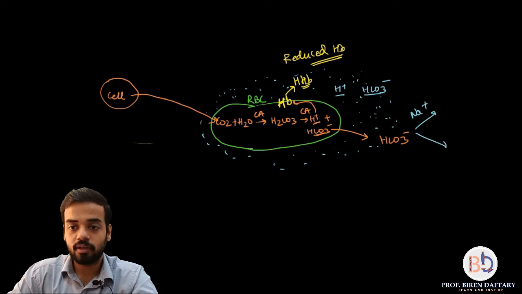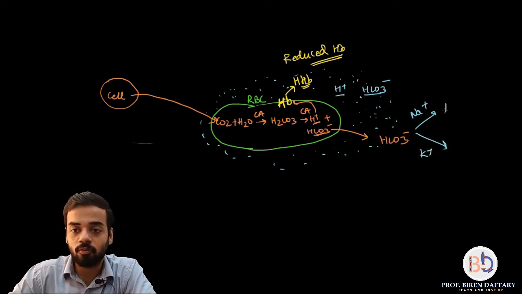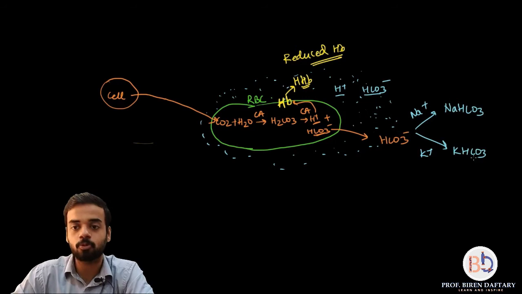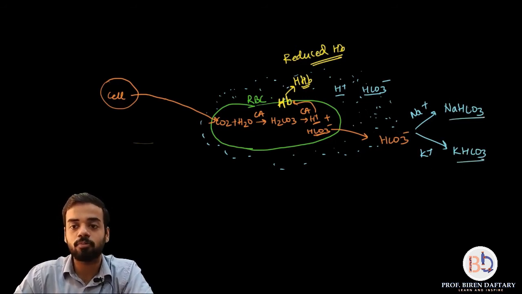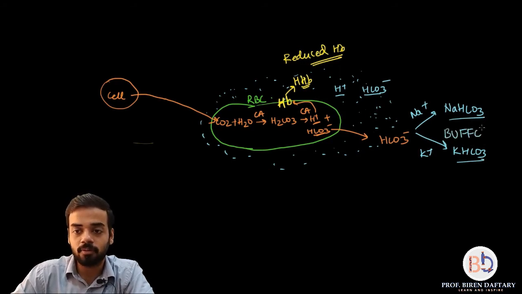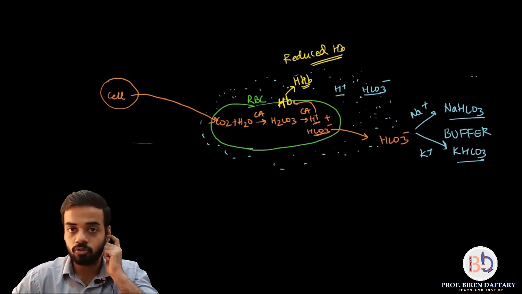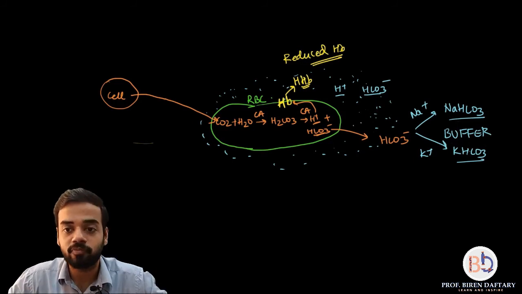Sodium salts and potassium salts both will react, and they will form two compounds, NaHCO3, which is sodium bicarbonate, and KHCO3, which is potassium bicarbonate. Both these compounds act like buffers. So what is a buffer? A buffer is anything which maintains the pH of a solution. So these salts act like buffers in maintaining the pH of blood.